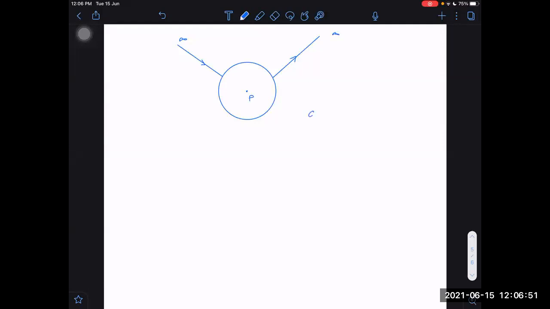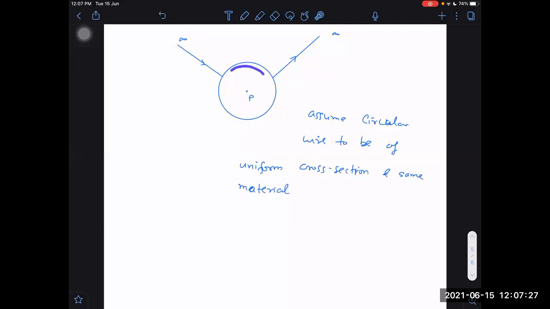The answer is 2 mu naught I (pi minus theta) by 4 pi R. Assume the circular wire to be of the same, uniform cross section and the same material, meaning resistance per unit length remains the same.